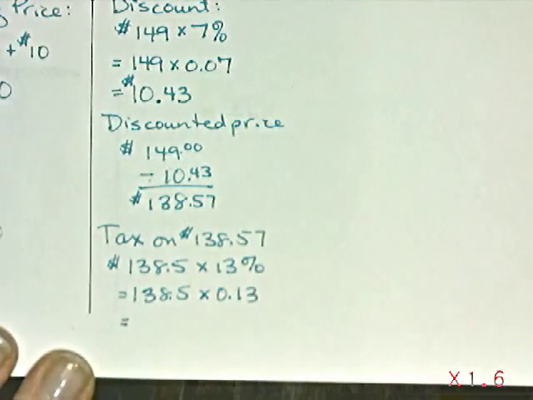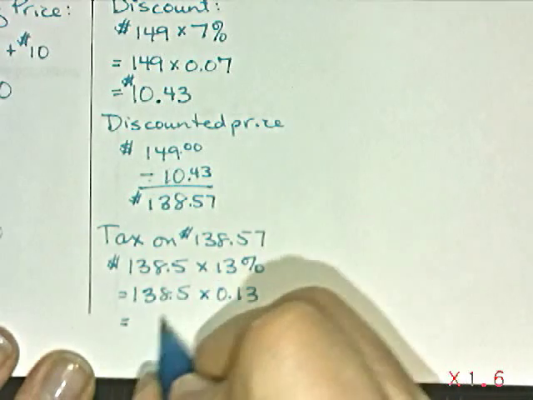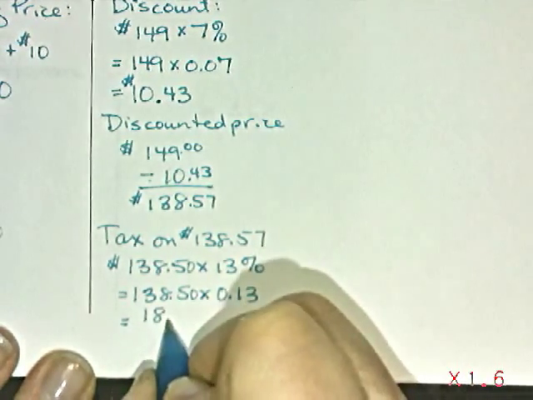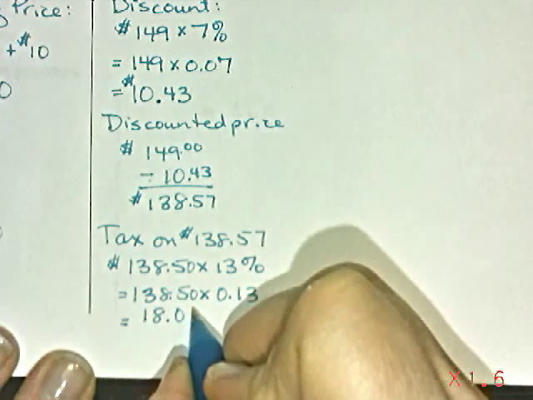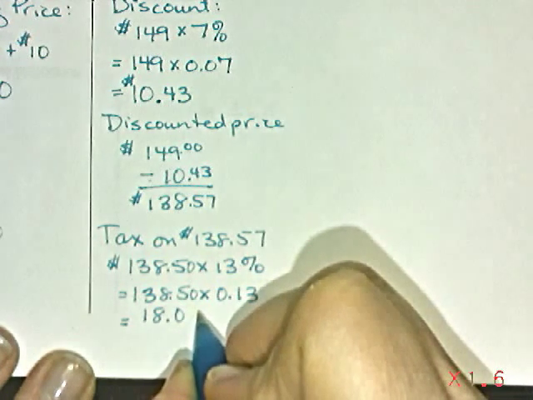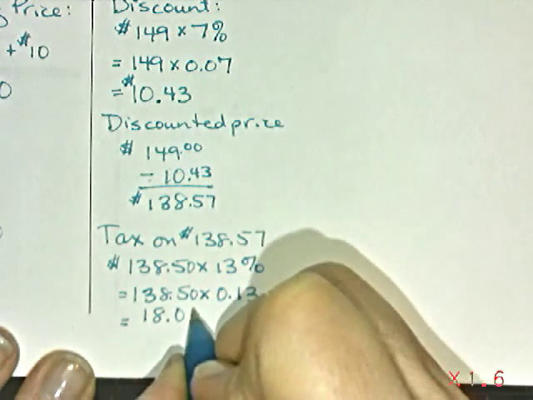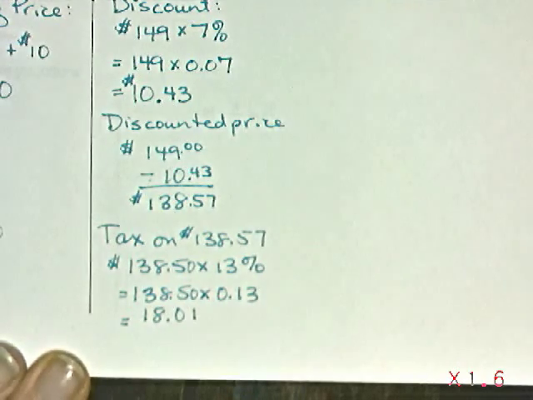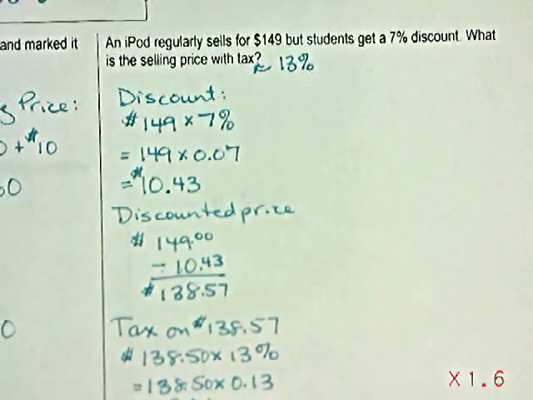And the tax on my $138.50 price, I believe, is $18 and is it 4 cents? $18.01? My goodness, I can't read my own writing. And I don't have a calculator. So let's fix that real quick.